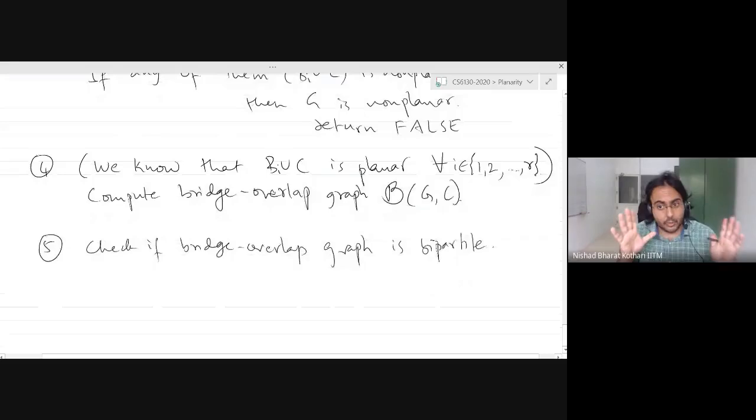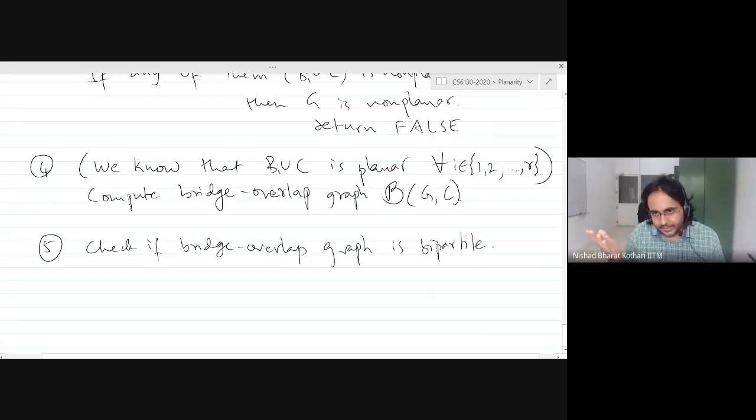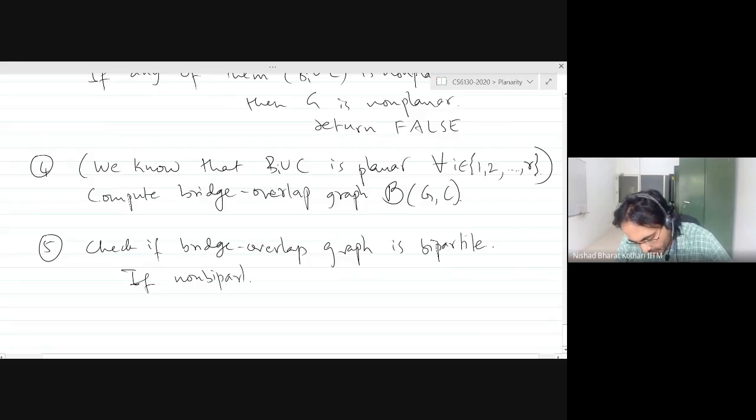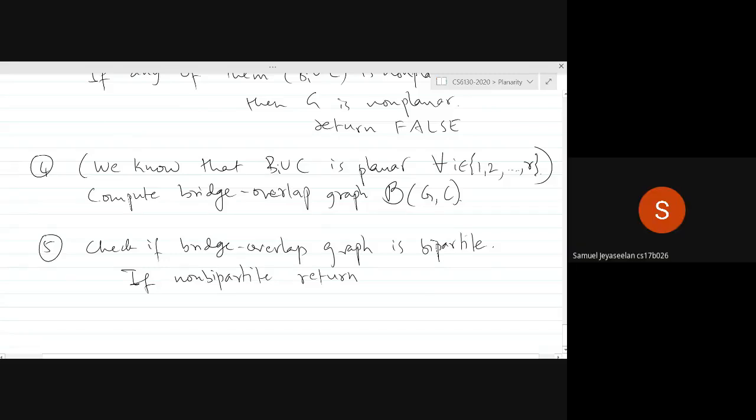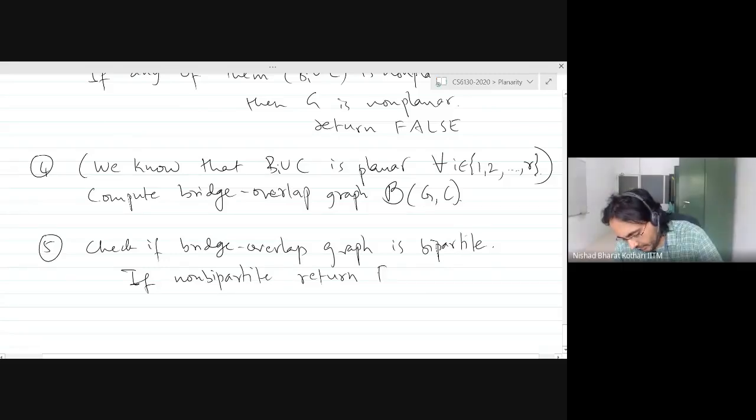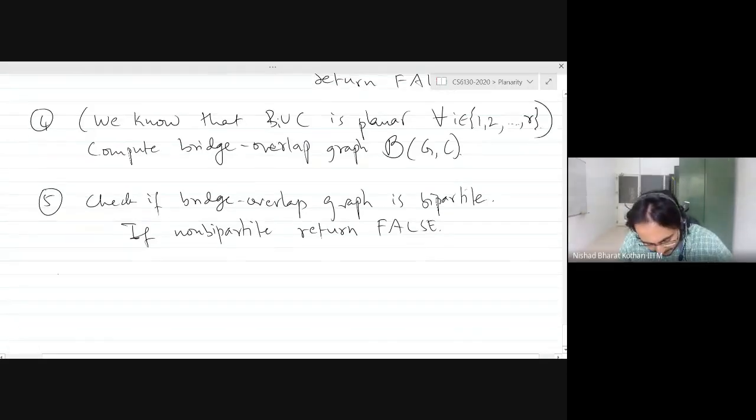If we know that the bridge overlap graph is not too big, if we know that it is polynomial in the size of the original graph, then checking whether it's bipartite is also easy. So we do that. If it is non-bipartite, what do we return? True or false? It's non-planar. Right. So return false, the graph is non-planar. And what if it is bipartite?